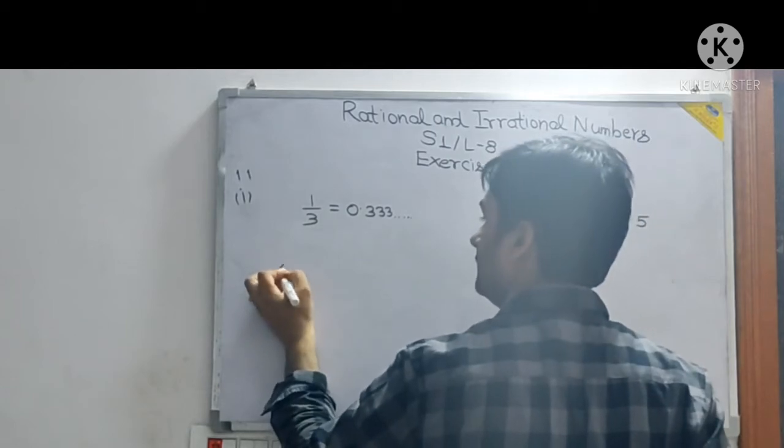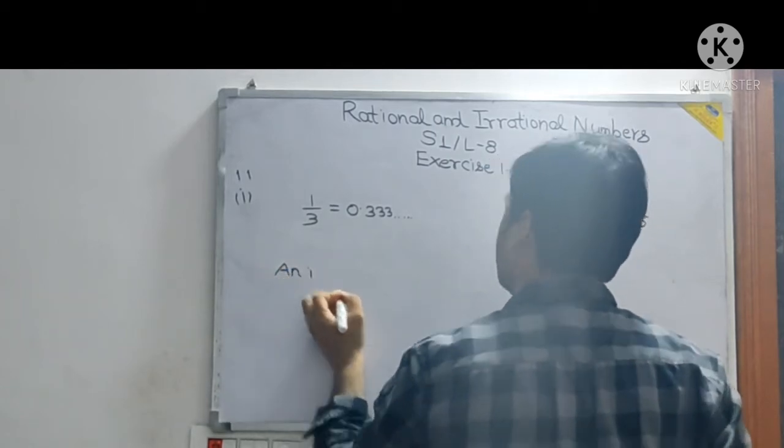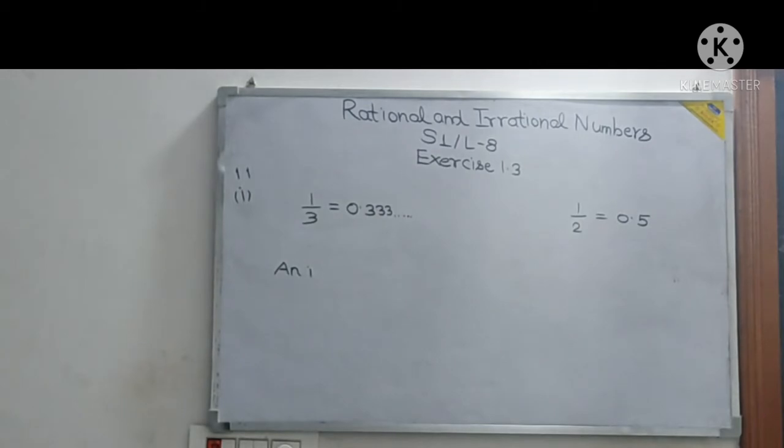First of all, we write that there are so many irrational numbers possible.